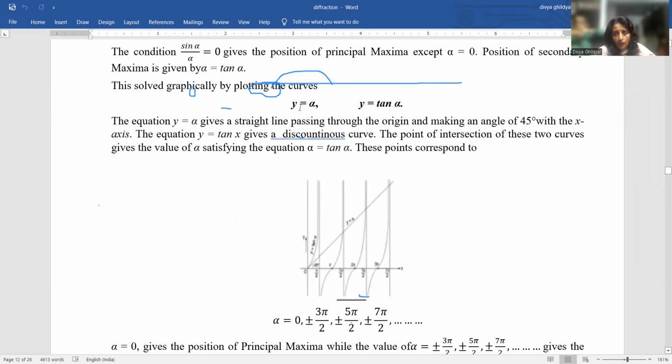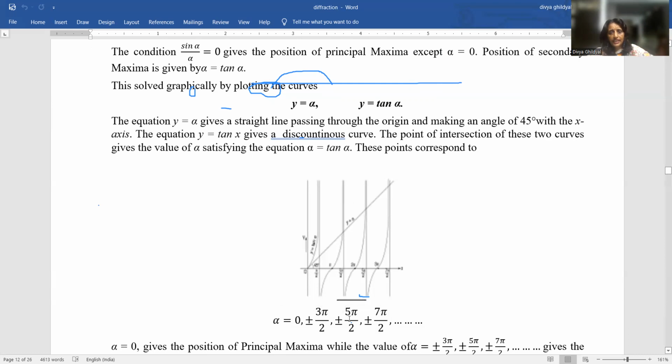So we have plotted these points on the graph paper. This is a tan curve, the tan plot, and y equal to alpha is a straight line passing through the origin, y equal to mx plus c.